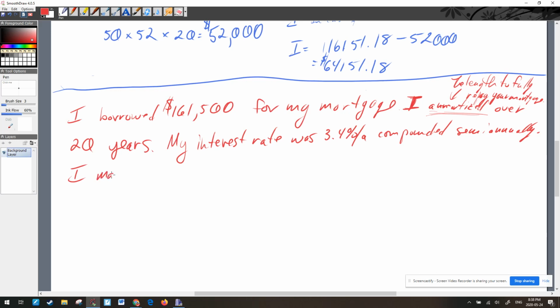I make, it's going to be a weird one here, bi-weekly payments. We're going to get into this again later, but I'll give you some insight right now. There are lots of different ways you can pay your mortgage. You can pay your mortgage monthly, you can pay it weekly, you can pay it semi-monthly, you can pay it bi-weekly, and those two sound almost the same.